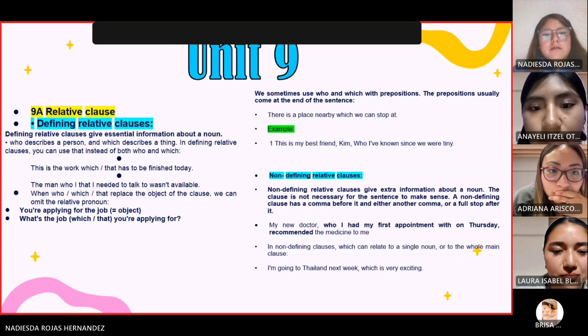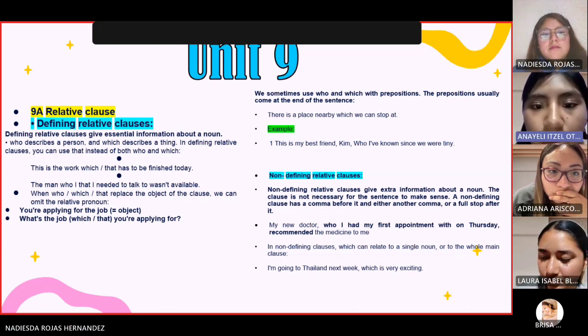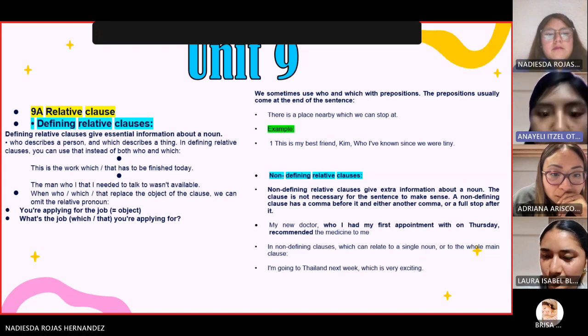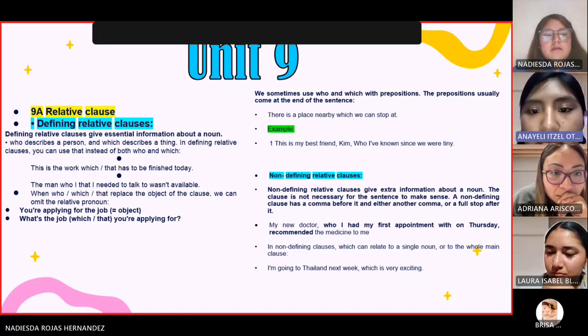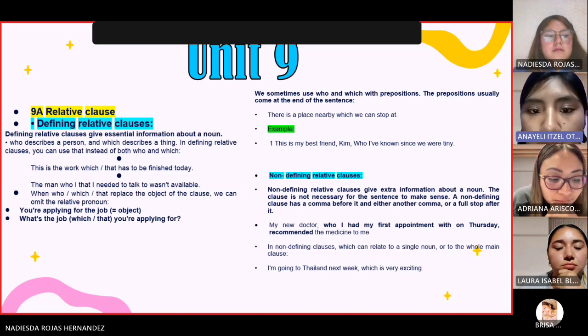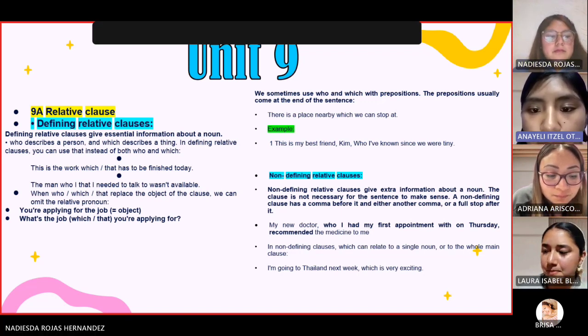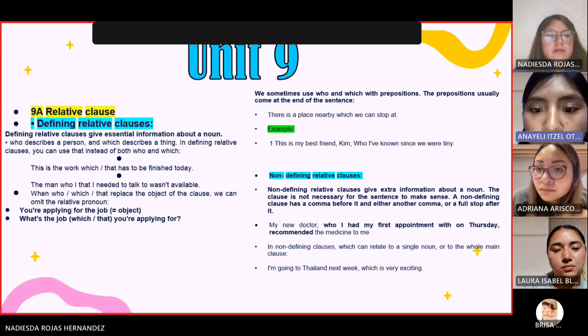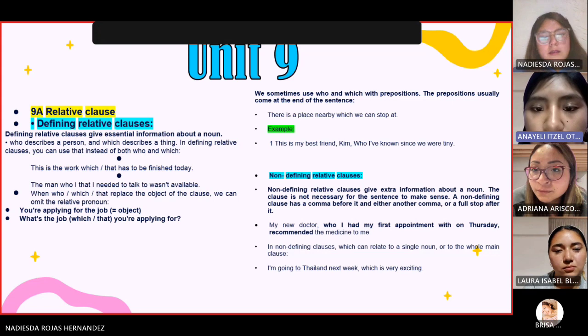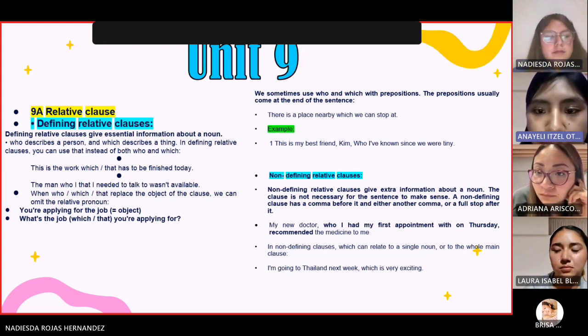Unit 9, discovery. Relative clauses. Defining relative clauses give essential information about a noun. Who describes a person, and which describes a thing. In defining relative clauses, you can use that instead of both who and which. For example, this is the work that has to be finished today.